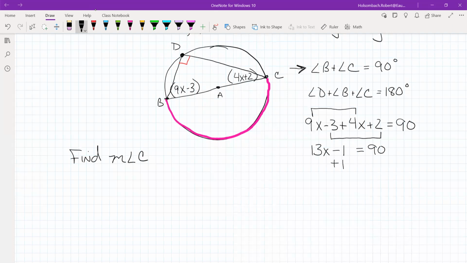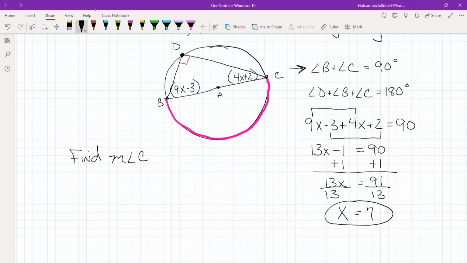So if we add 1 to each side, then our 13x is equal to 91. And we're going to divide both sides by 13. And our x is equal to 7.